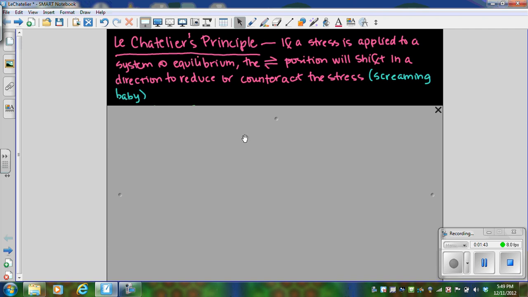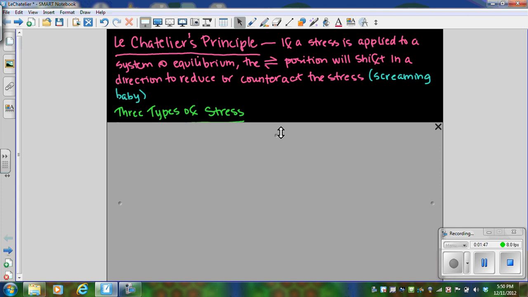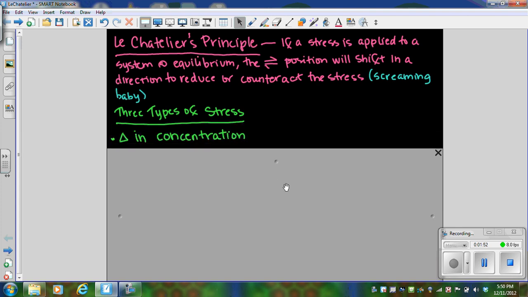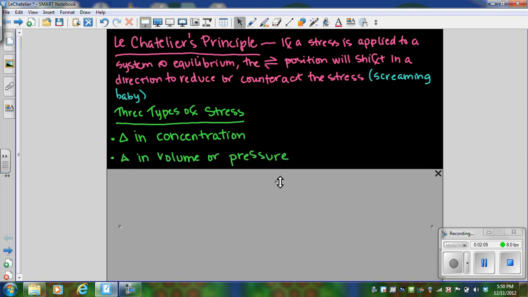Now in chemistry, there's going to be 3 different types of stress that we are going to look at. And the first type of stress is going to be a change in concentration. So you're changing the concentration of one of the reactants or one of the products, and then looking to see which way the reaction is going to shift to reduce or counteract that stress. A change in volume or pressure.